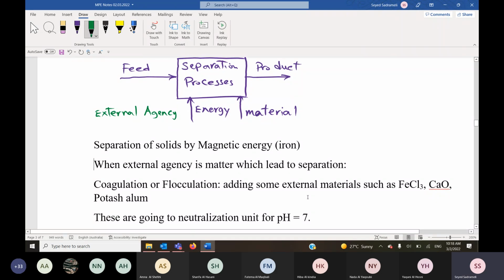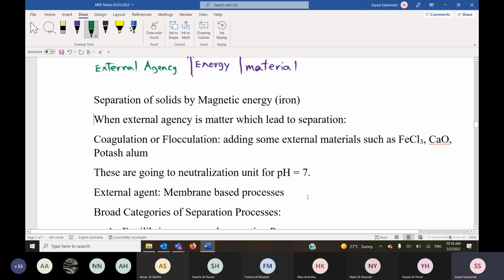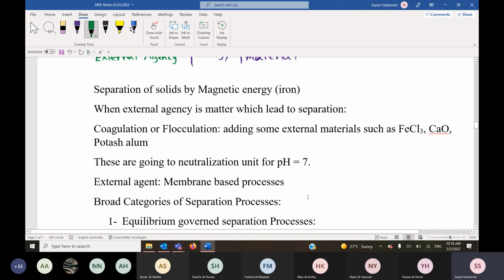So we add some external material to the system like FeCl3 or CaO, calcium oxide, potash, aluminum. And these are going to neutralize the unit to have the pH of 7. And as an external agent, membrane-based processes are the examples. Okay, these are some examples.